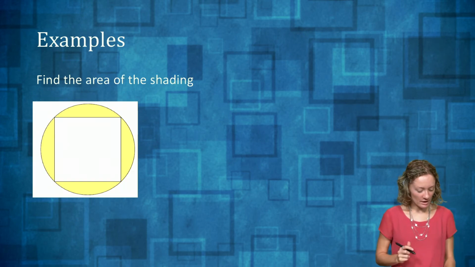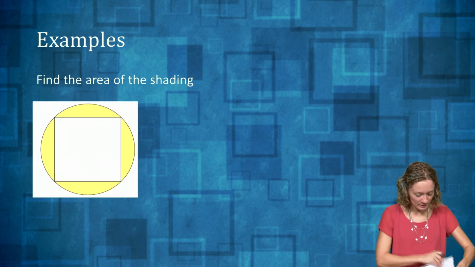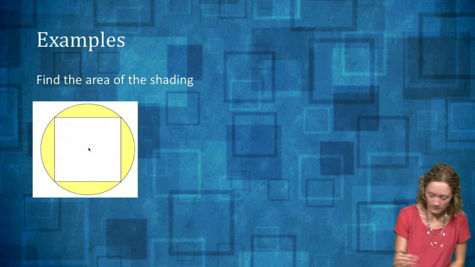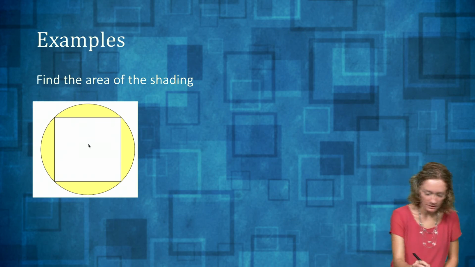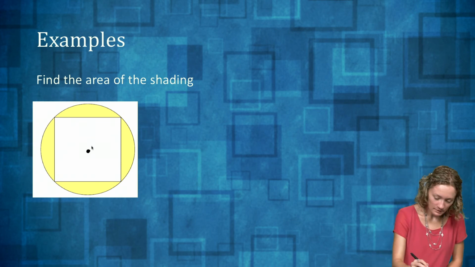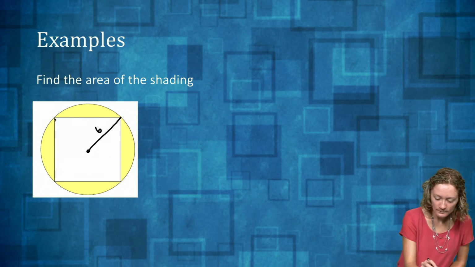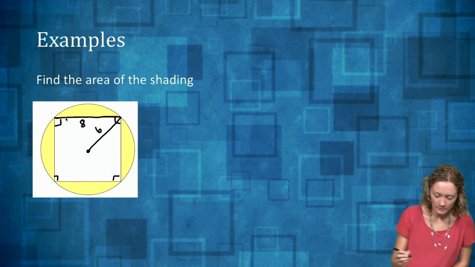Okay, let's find the area of the shading. So I need to fill in a little bit of information on this problem. Let's say this is what we know. And I'll go ahead and fill in that these are all right angles.